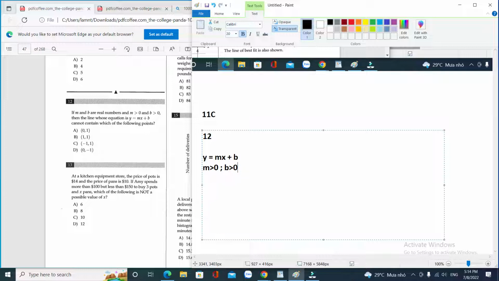Let's examine answer D, 0 and negative 1. When x is equal to 0, y equals m times 0 plus b, which is equal to b. So when x is 0, y is equal to b.